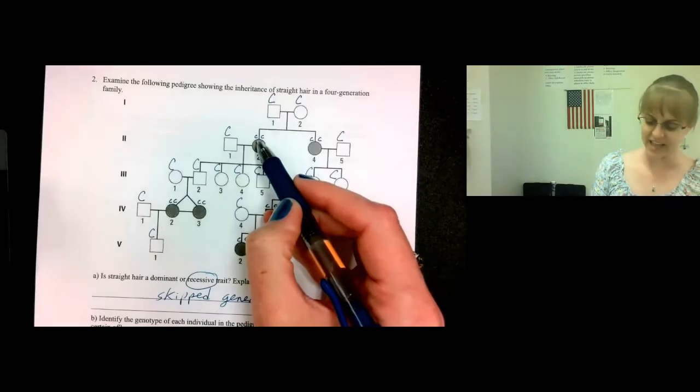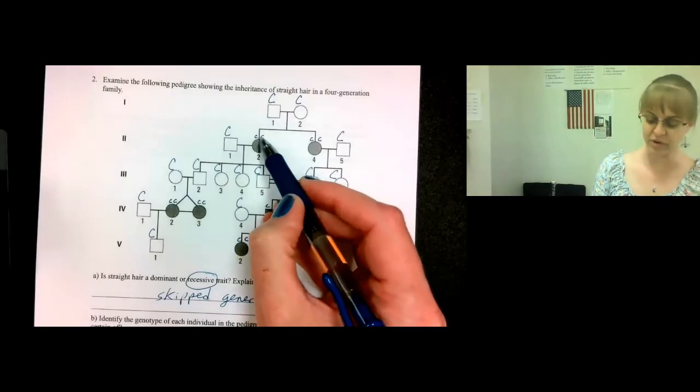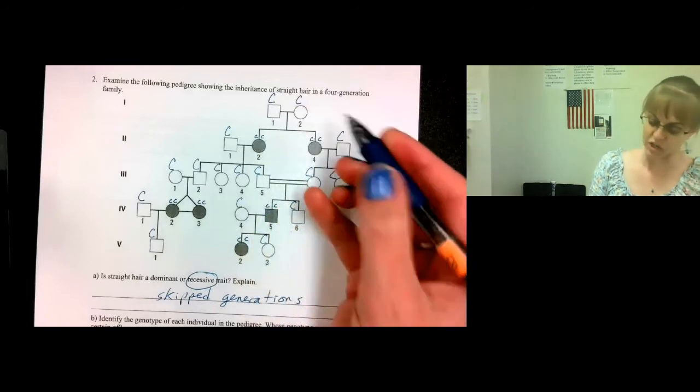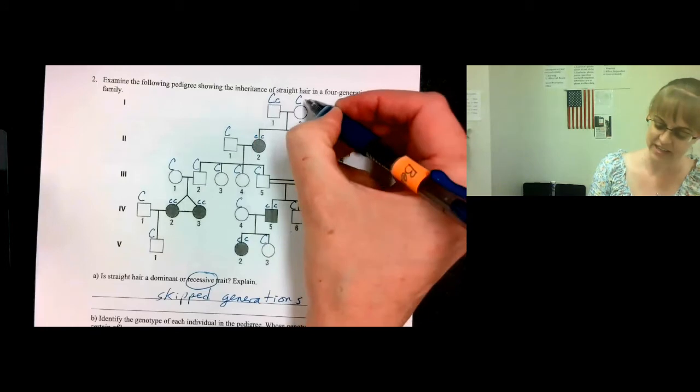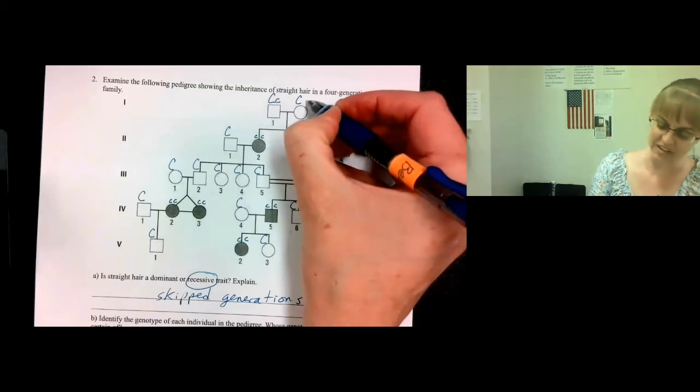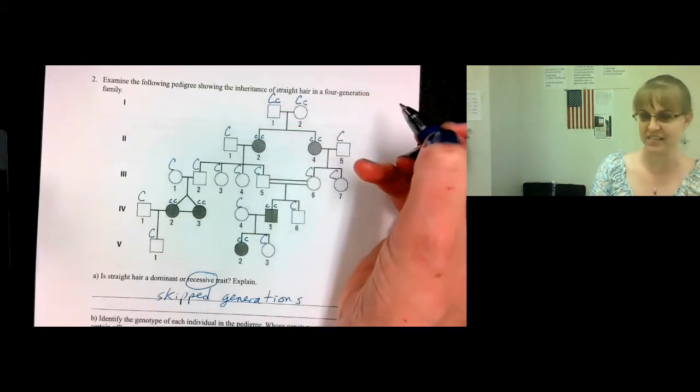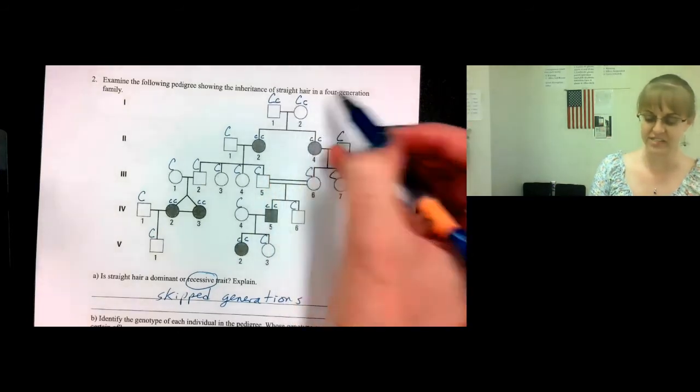These parents had a kid with 2 lowercase c's. So this parent must have donated one of the lowercase c's, and this parent must have donated the other lowercase c. Therefore, the grandparents are heterozygous.